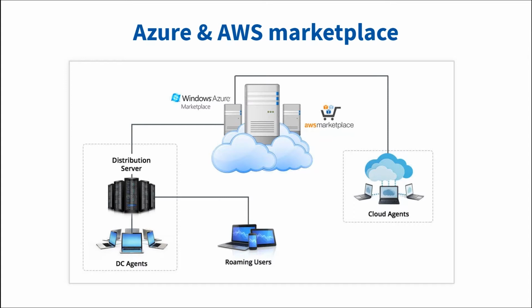It's also a cost-effective solution, so you can avoid hardware infrastructure maintenance costs. And managing roaming users becomes much easier in this cloud-based architecture. At the moment, Desktop Central is available as an on-premise solution, but we will be releasing the cloud version very soon.